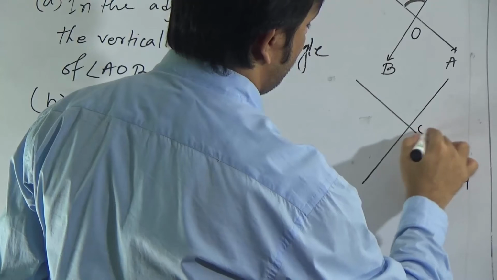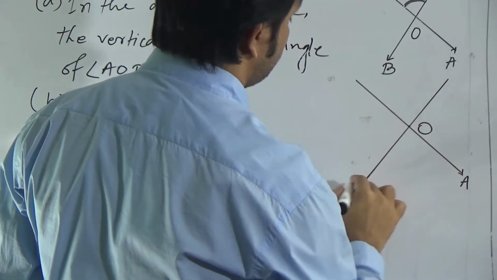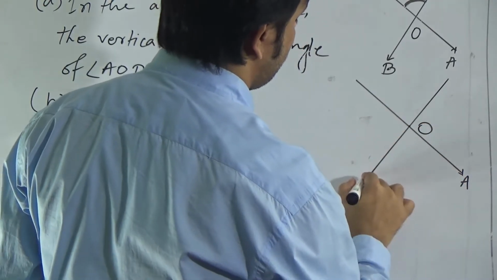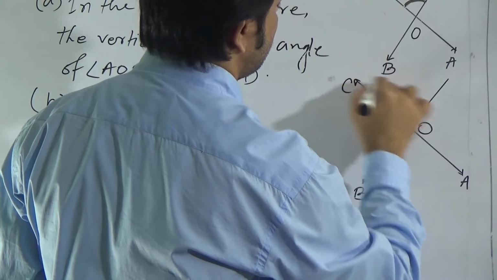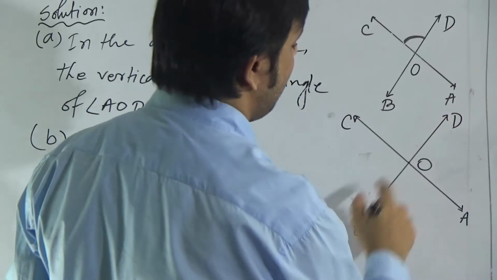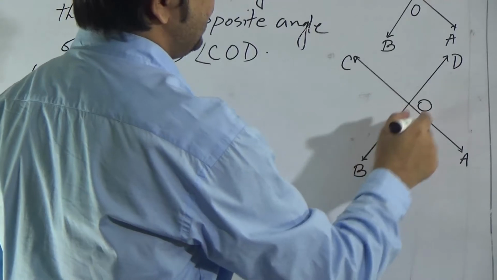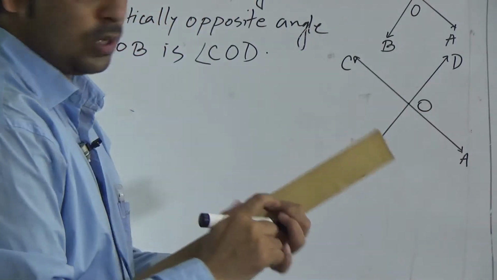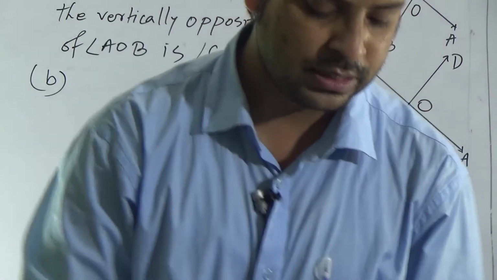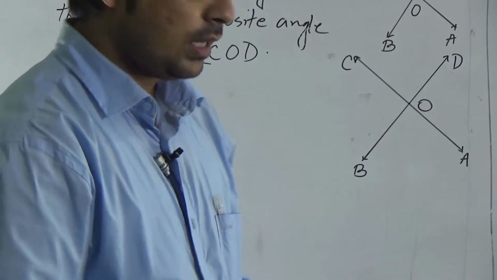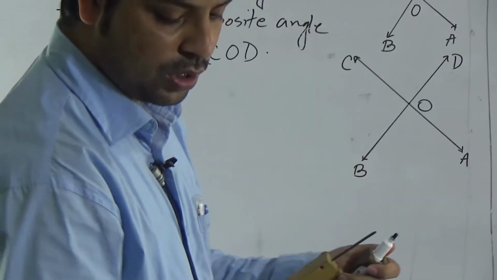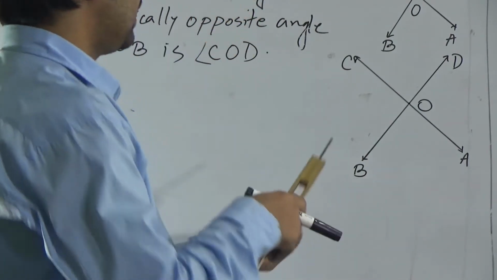A, O, this is O, B. Here is C, here is D. Now we have to draw the bisector of angle AOB, means this angle. So we can draw, dear students. You have learned how to draw the bisector of a given angle.